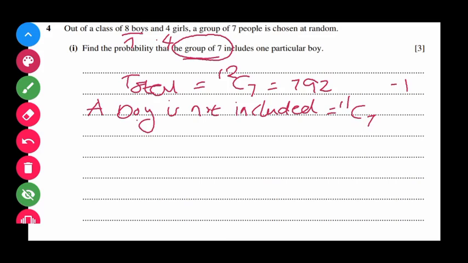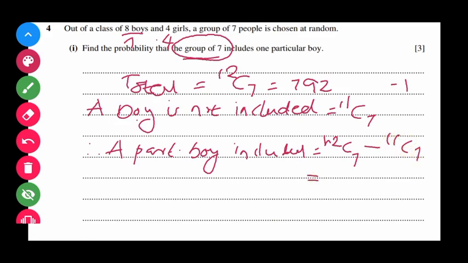Okay. Therefore, what will be a particular boy included? A particular boy included will be total minus boy not included, right?